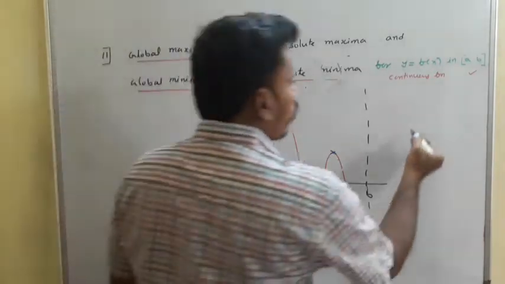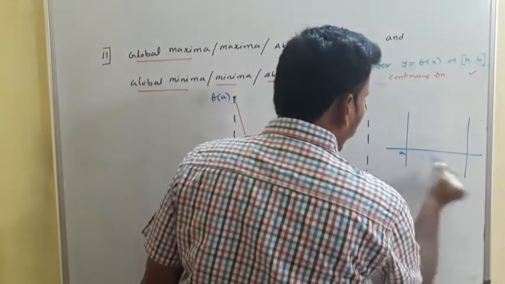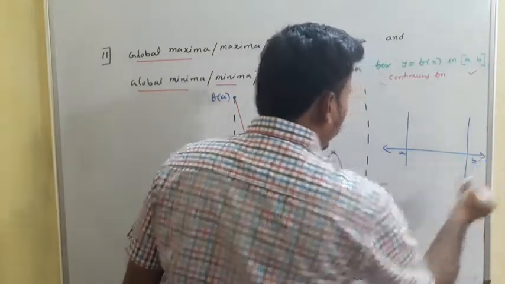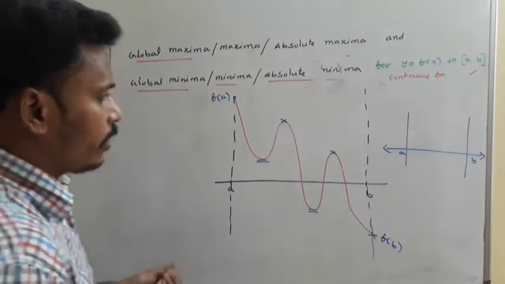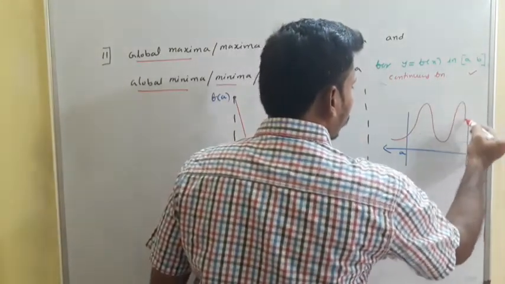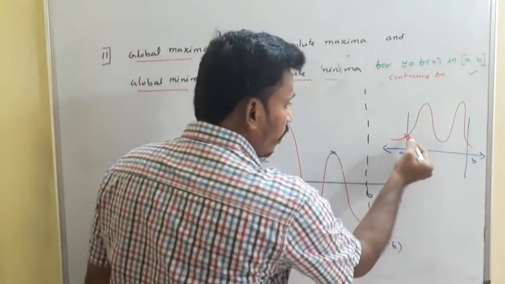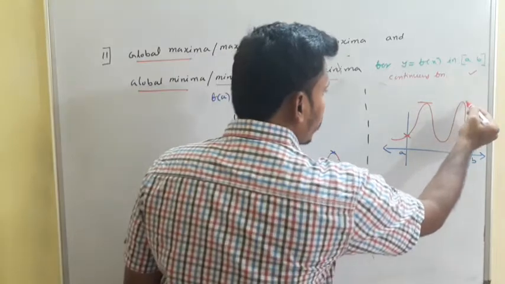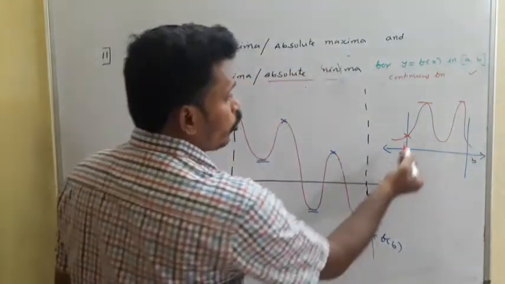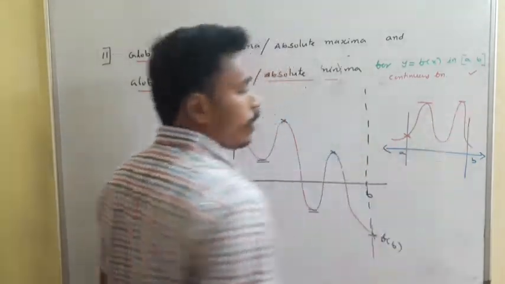For suppose in the interval AB, this is A, this is B, this is the x-axis. If the graph is like this, then at A, this is the boundary value, this is local maxima, this is local maxima. For sure, this f of A is smaller than these two local maxima values.